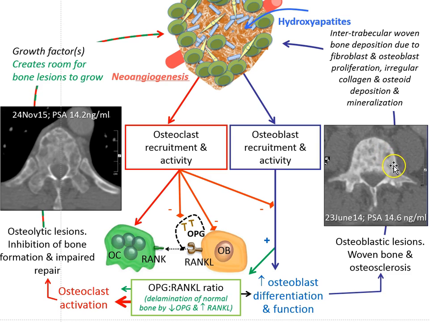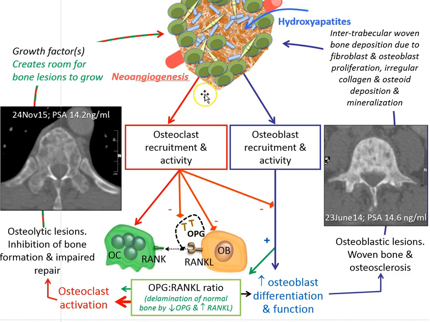Osteoblastic lesions are formed with osteosclerosis, but at the same time you will notice that within this sclerotic bone disease there are in fact areas of osteolysis. These areas of osteolysis are partially mediated along this route here, which is an alteration of the OPG RANK ligand ratio, which when activated leads to osteoclastic activation and the formation of osteolytic lesions.